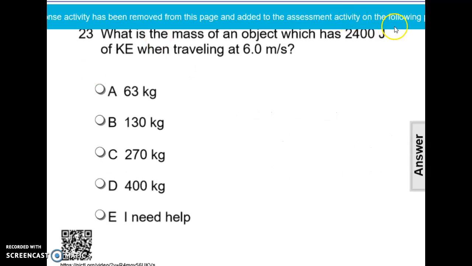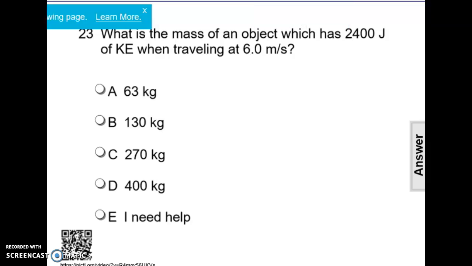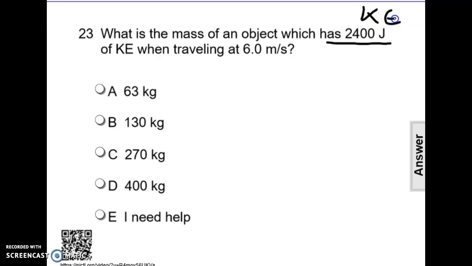Continuing to move forward. Now we're going to look at the mass right there. I'm just going to give you this formula in a moment. It says, what is the mass if we know that the object has a kinetic energy of 2,400 joules, and we know the velocity is 6 meters per second.